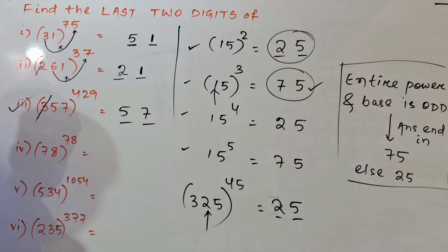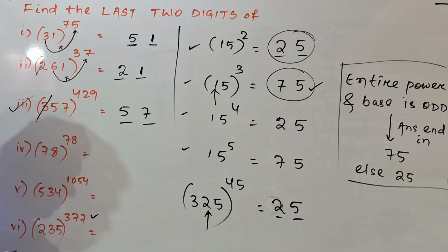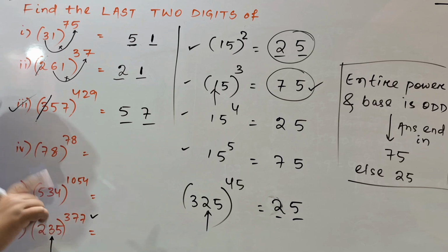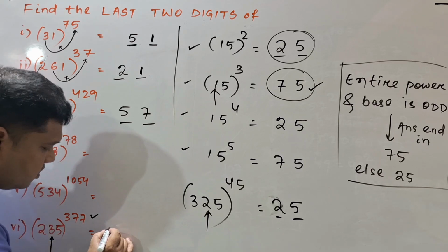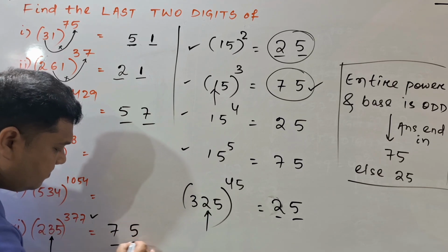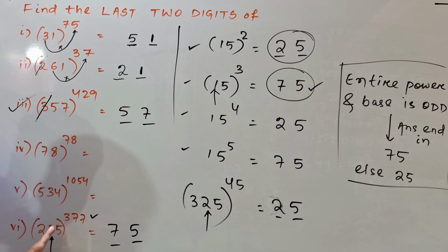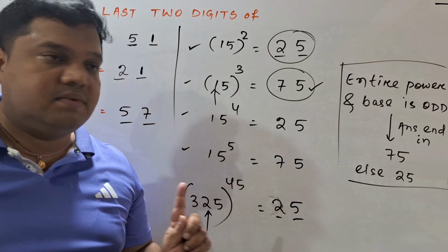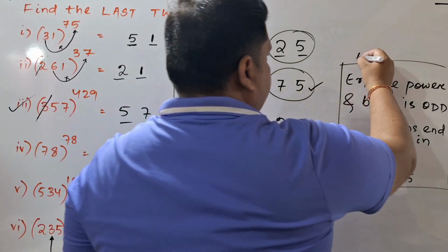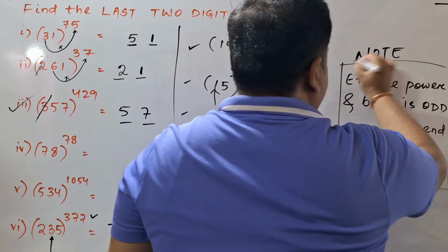If you observe this question, the power is odd. The tens place is odd. Both are odd, so the answer ends in 75. If both the power and the tens place of the base are odd, then the answer ends in 75, else it ends in 25. Just note it down.